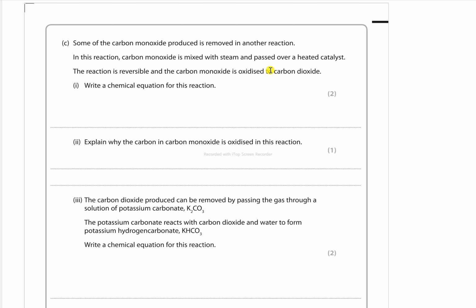Okay. Some of the carbon monoxide is removed in another reaction. In this reaction, carbon monoxide is mixed with water, steam. Right. It is reversible, so we notice that straight away. Carbon monoxide is CO, and carbon dioxide is CO2.